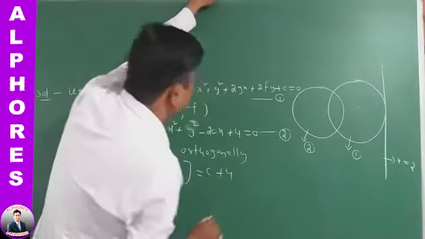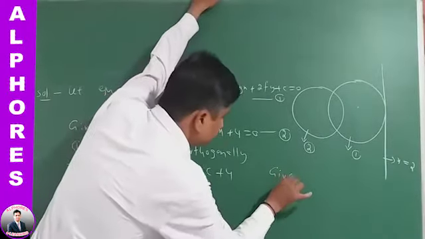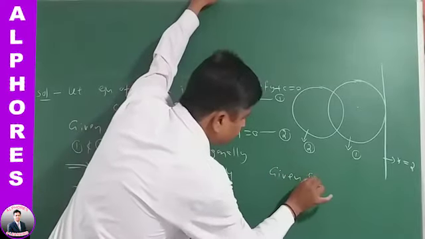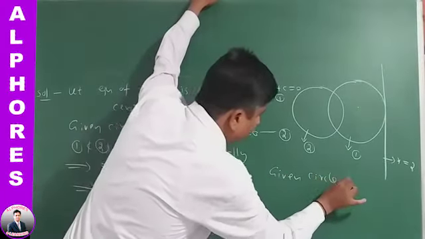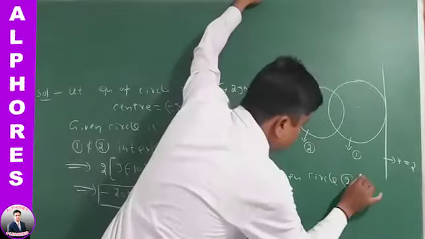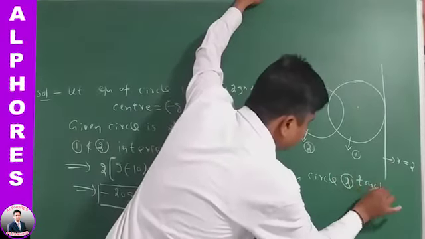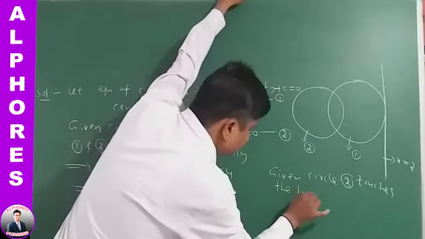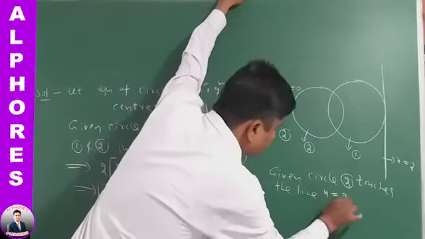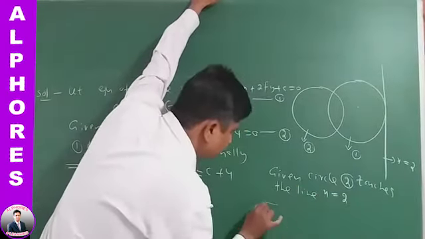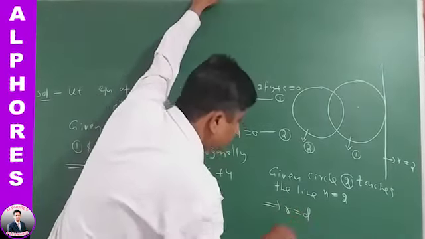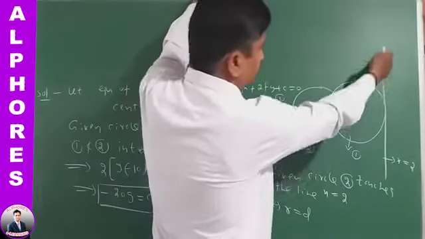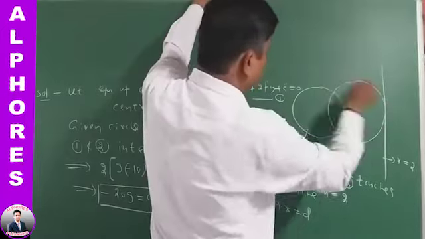Given circle 1 touches the line x = 2. Now we use the condition r = d. Here x = 2 is the tangent of this circle.